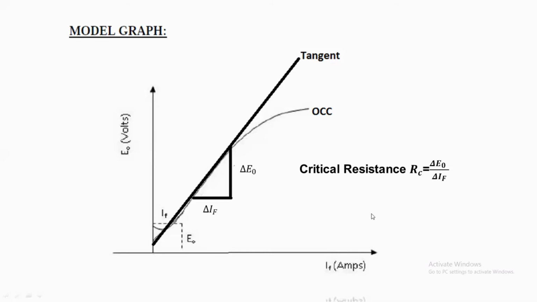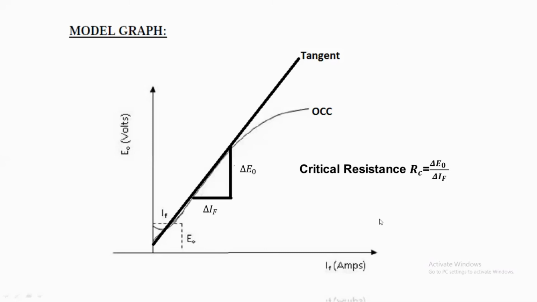Then initially the generator must have some residual magnetism, and only from this does it develop the voltage. These are the conditions to build up the voltage in the self-excited generator.